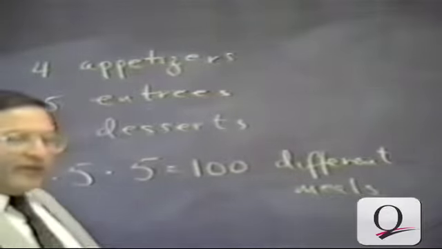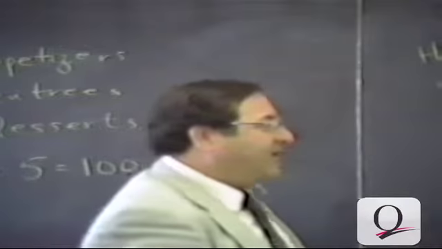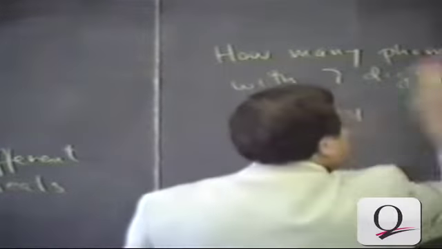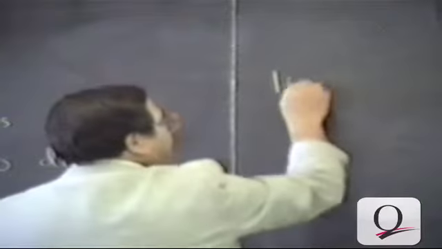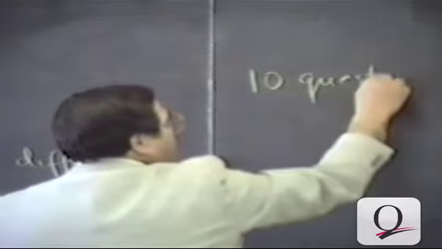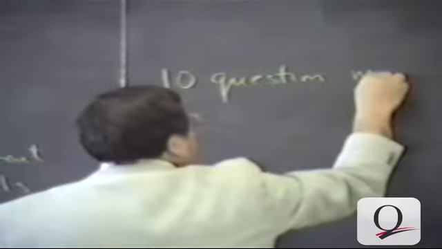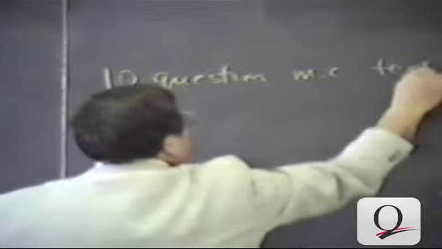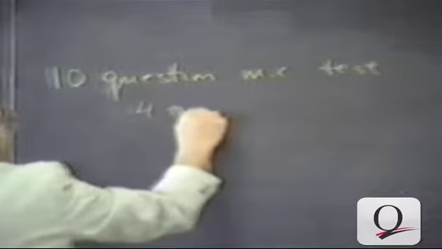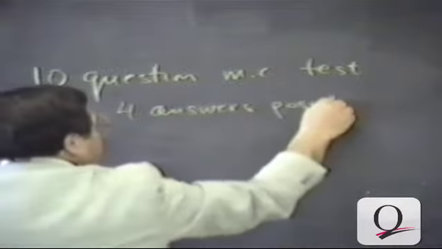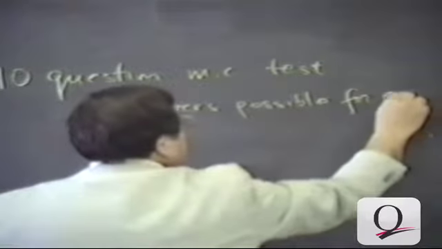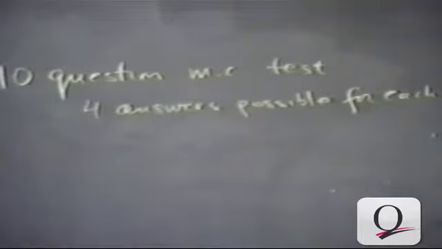And one more example of the counting principle before we go on to permutations. Suppose that a student took a multiple choice test, say just 10 questions. A 10-question multiple choice test, 4 answers possible for each.